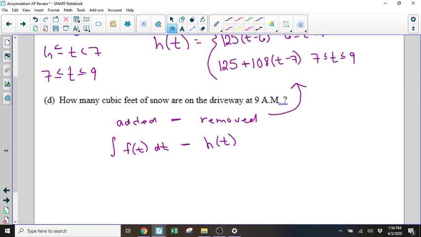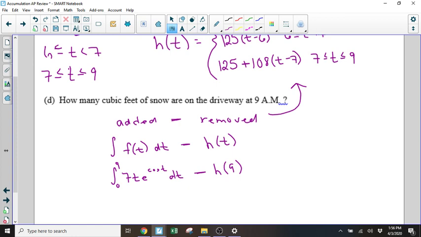So, making this more specific, it says specifically at 9 a.m. So let's write this out: from time equals 0 to time equals 9 a.m. of f of t, and for f of t you can either put f of t because that's what it is named above, or go back up and get that function, which was 7 t e to the cosine t dt. And we're going to subtract from it whatever h of 9 is, which again represents how much has been removed up to that time.